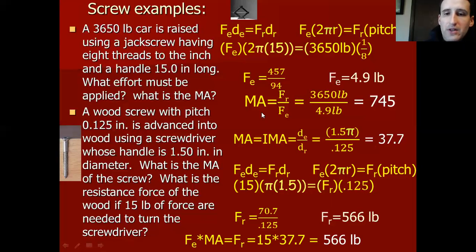And that's very simple, if you just rearrange this equation, right? If we take the Fe to the other side, multiply both sides by Fe, I've got Fe times mechanical advantage equals Fr. So when you do that, 15 times 37.7, once again, you get 566 pounds. You get the same answer as we would expect. So 2 different ways to do that problem.